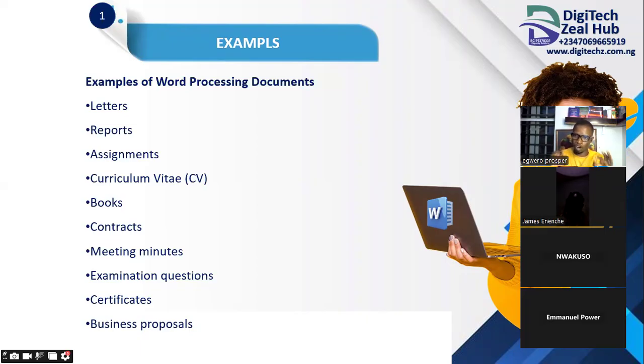Letters, that is one of the common items we process, both the formal letter and the informal letter. We have reports. Some of us, in the offices where we work, at the end of the month, we give a report. We have to type the reports, the summary of our income or whatever it is.